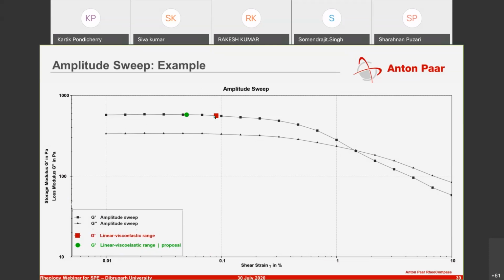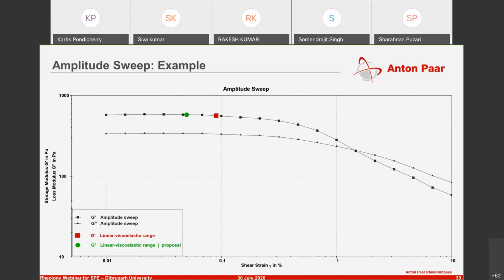So the red dot here indicates the linear viscoelastic range and also the point where your material starts to yield. This is again calculated by the software, and your G prime proposal, LVER proposal, is the value that the software gives you, wherein you can conduct further tests, or the amplitude which you will consider for conducting further tests, be it temperature sweep or frequency sweep.